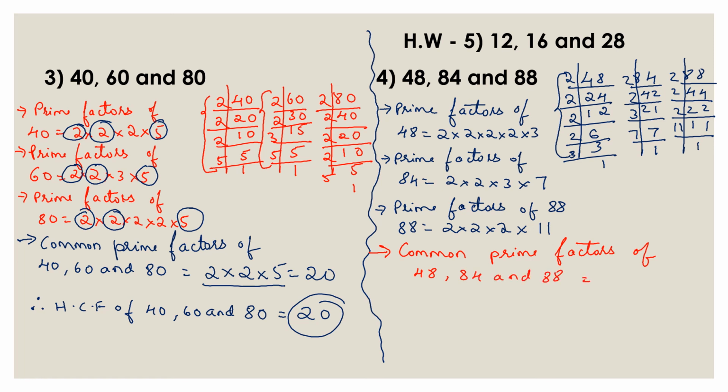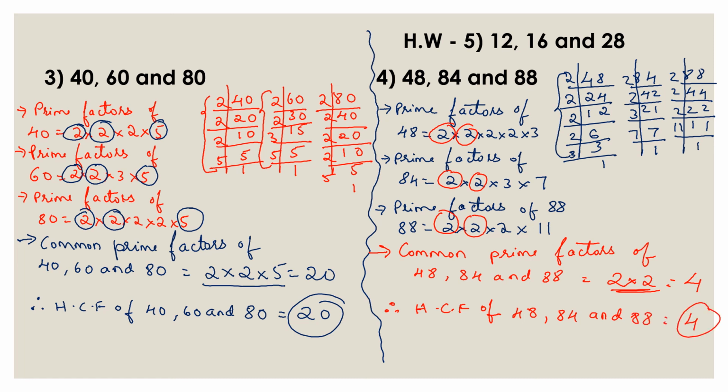Which are the common numbers present here? Let's circle 2 and once again 2. So it is 2 into 2. What is 2 into 2? It is 4. Therefore, the HCF of 48, 84 and 88 is number 4.